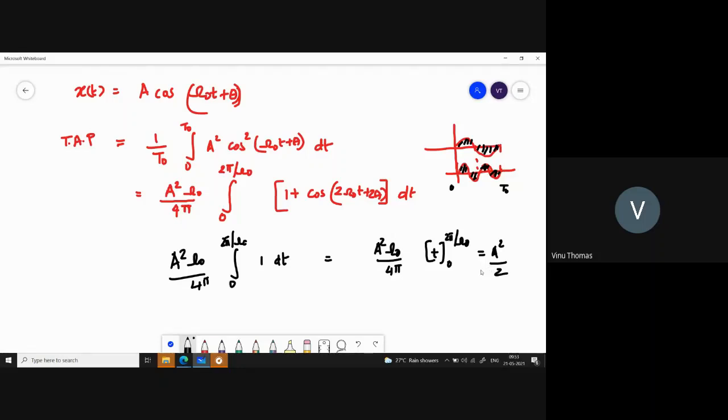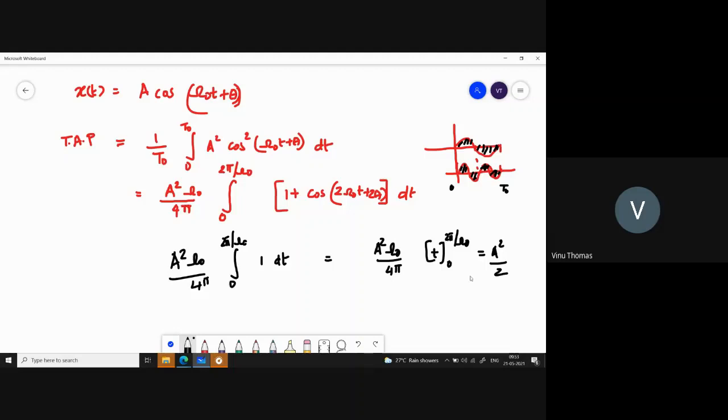So the total average power of sine omega naught t is therefore equal to 1 by 2. Total average power of cos omega naught t is equal to 1 by 2. The total average power of sine omega naught t plus pi by 6 is equal to 1 by 2. So that's a very important result.